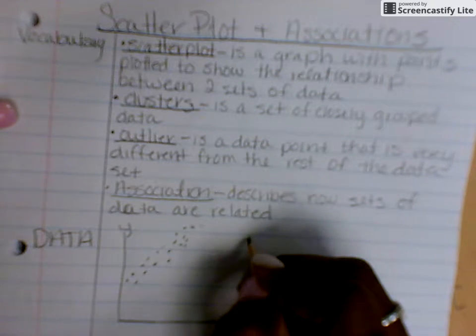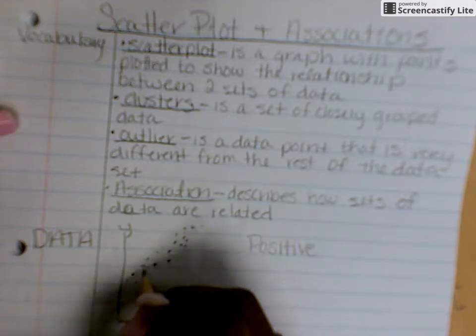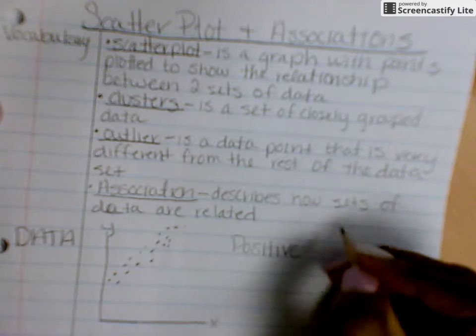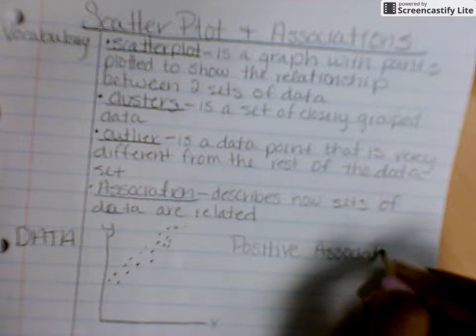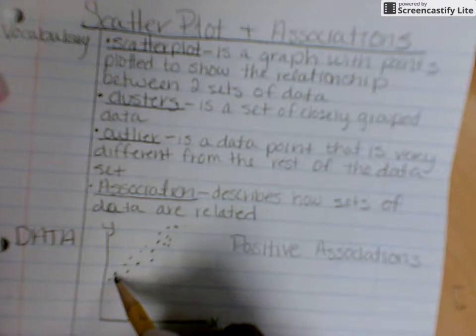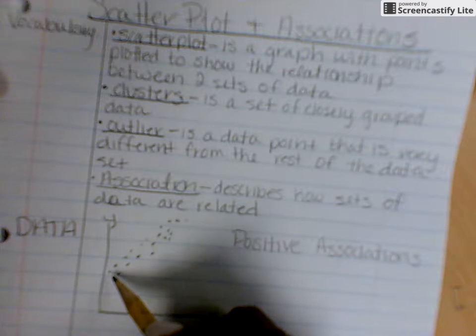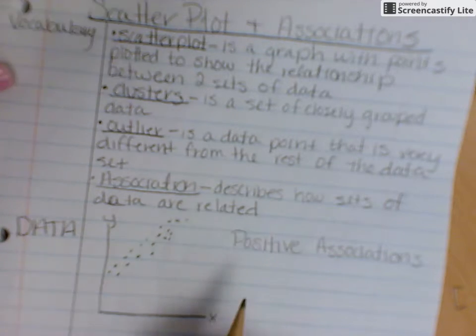I hope that you would have said it was positive slope. But because it's not a straight line, it's called a positive association. And what that means is that the dots plotted here show a positive association. Whatever's going on, it's positive. It's increasing over time, okay?